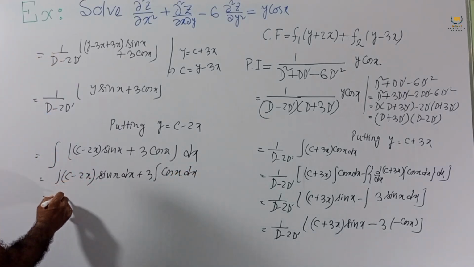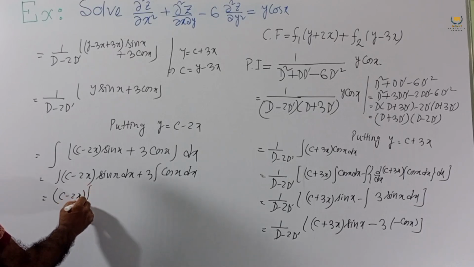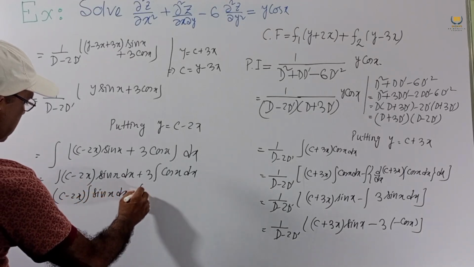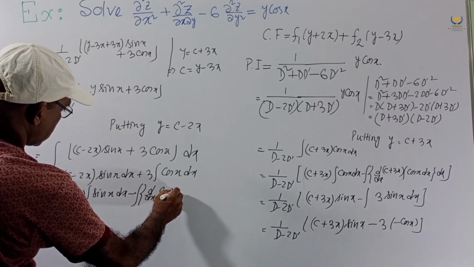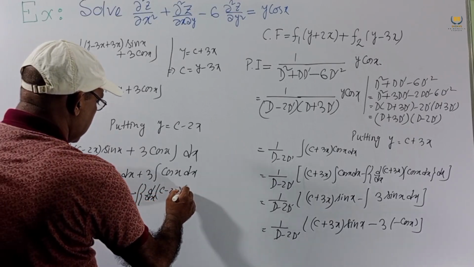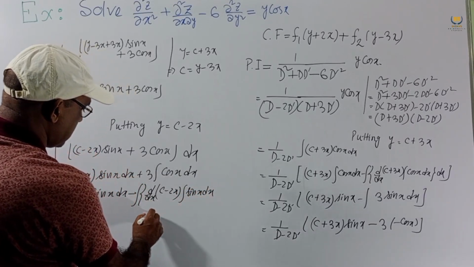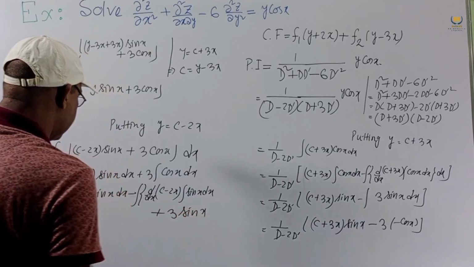Using the by-parts formula, (c - 2x) times integration of sin x dx, minus integration of d/dx of (c - 2x) times integration of sin x dx, plus 3 integration of cos x, which is sin x.